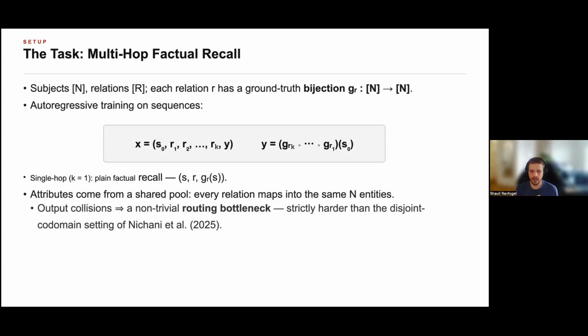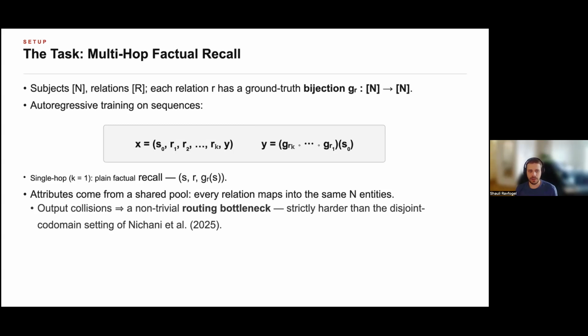So for example, if the particular S is Marie Curie, we have a relation R for the birthplace and some other relation R prime for the occupation, etc. And each relation in our assumption is a bijection, which maps to some other subject in the vocabulary.